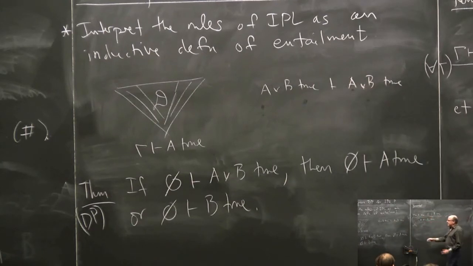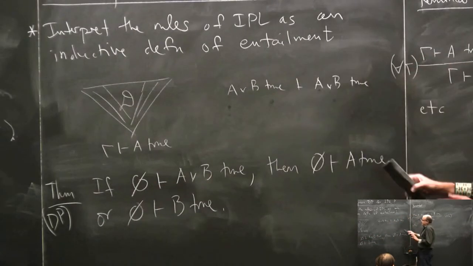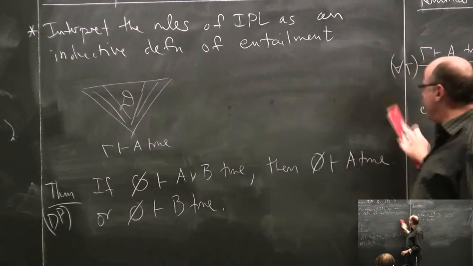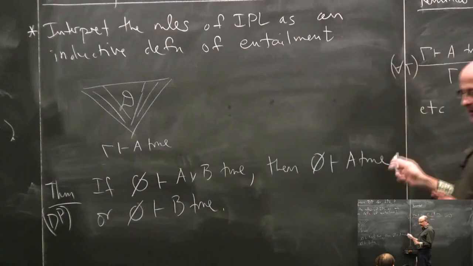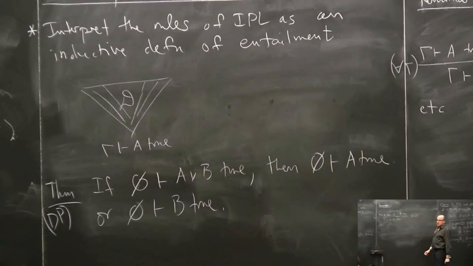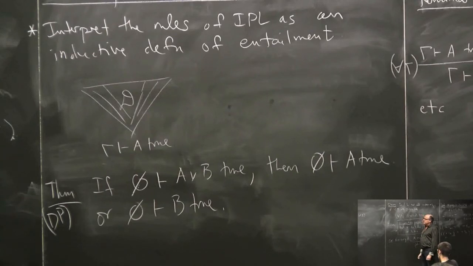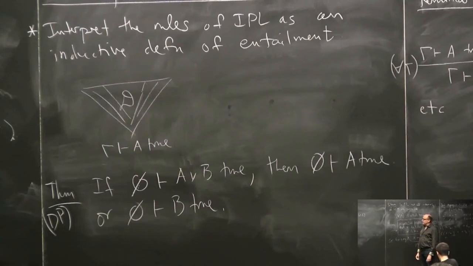So you don't get it for general gamma. One could possibly characterize the class of gammas for which one can get this, but never mind that. Let's say empty, because that'll be enough to get me what I need for the law of the excluded middle. So this is the idea of the disjunction property.